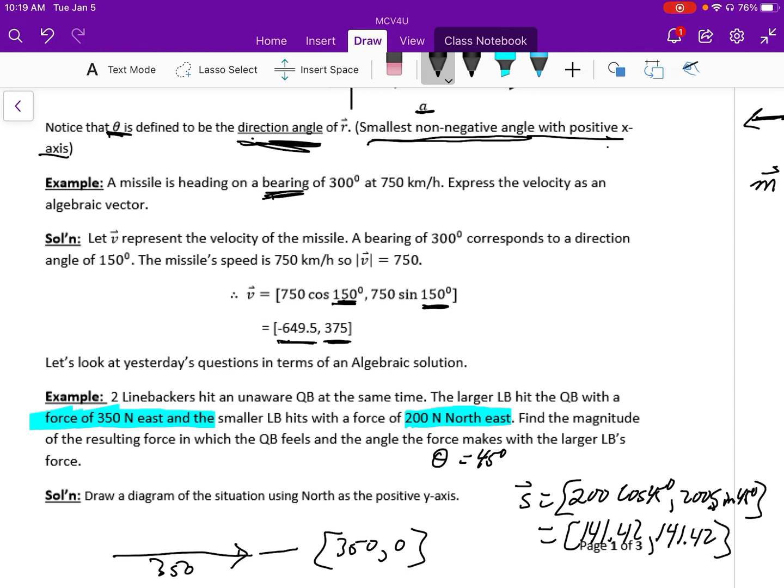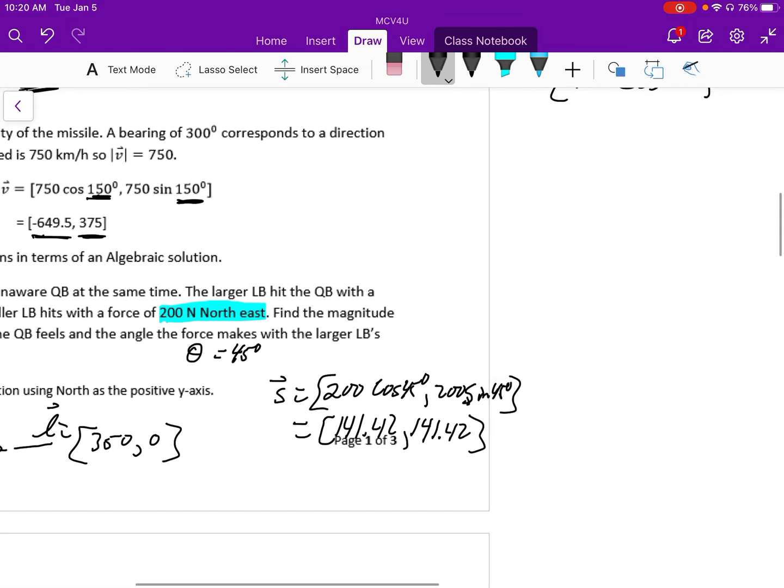Now here's the thing. How do we get the resultant? If this is the larger, we'll say that's the larger one there. The resultant is just adding those two vectors together. You've got your linebacker going this way, the L, and your linebacker this way, the S. That's just adding the two together.